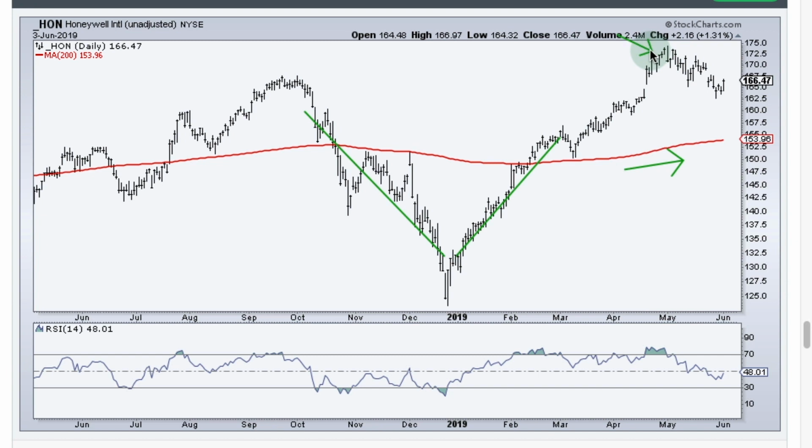You had a 52-week high there in early May. And if you look at this pullback here, it's looking like a bit of a flag or a wedge, if you will. And we firmed for 3 days here and got a bounce yesterday. So I'll be watching Honeywell for a potential breakout and a continuation higher of its uptrend.